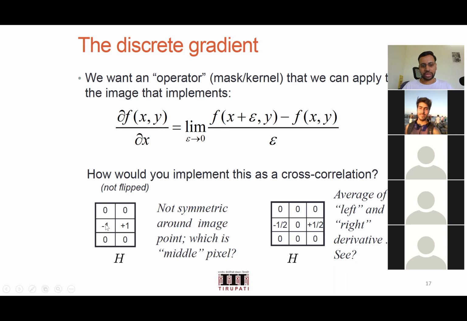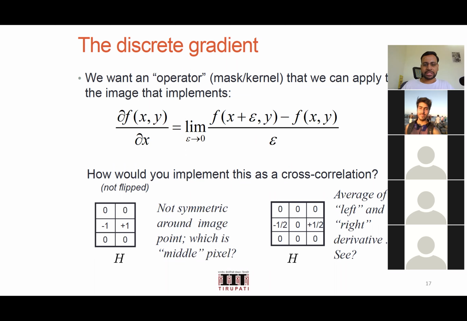So for example, if my origin is here, then it is f of x plus 1 minus f of x, by 1. Suppose I am keeping my origin here, then it is f of x minus f of x minus 1. Then that would be the backward. So I had to explicitly mention this, because otherwise you won't know where the origins are.